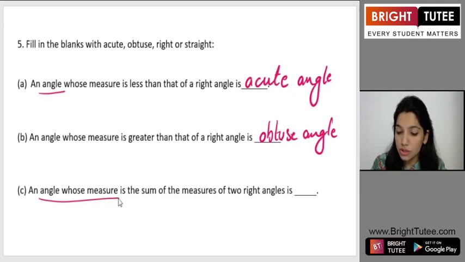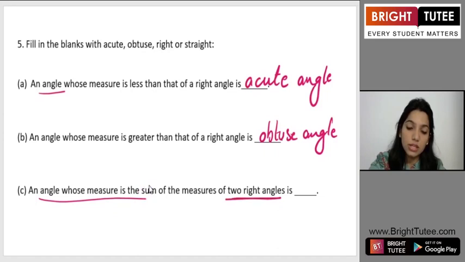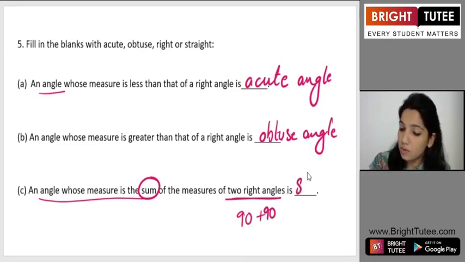One right angle equals 90 degrees, so the measure of two right angles is 90 plus 90, that is 180. What name do we give to the angle that measures 180? I hope you know, it is a straight angle.